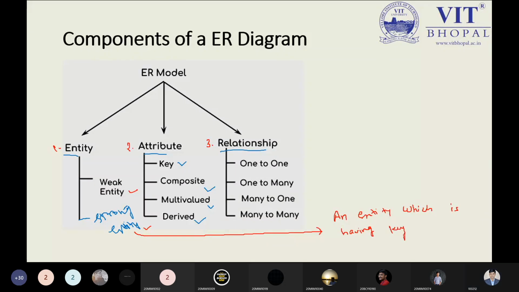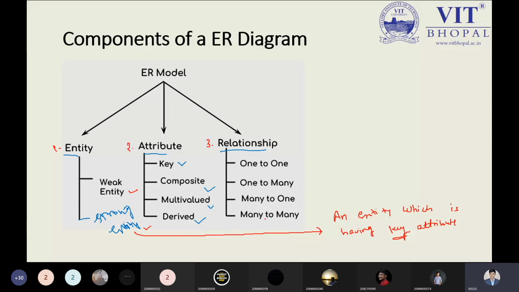This key attribute could be the primary key, foreign key, or a composite key. Step by step we can see. The attribute can be a key attribute, composite attribute, multi-valued attribute, and derived attribute. And relationship will be one-to-one, one-to-many, many-to-one, and many-to-many.